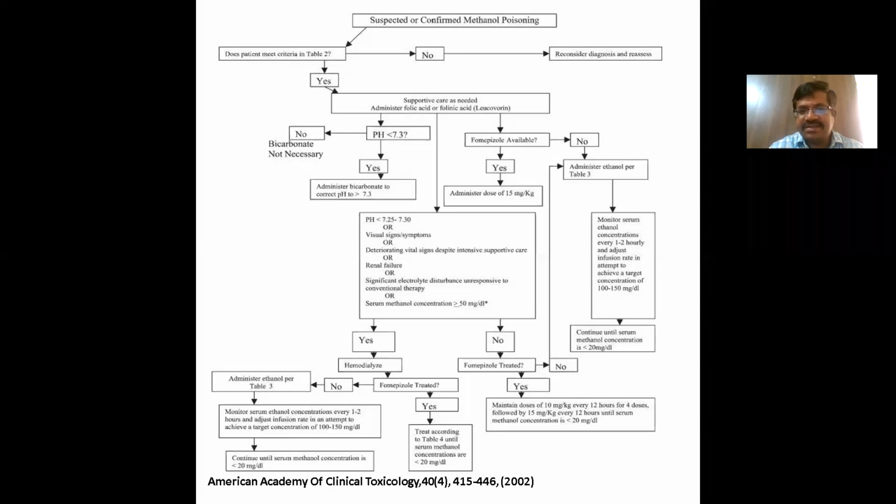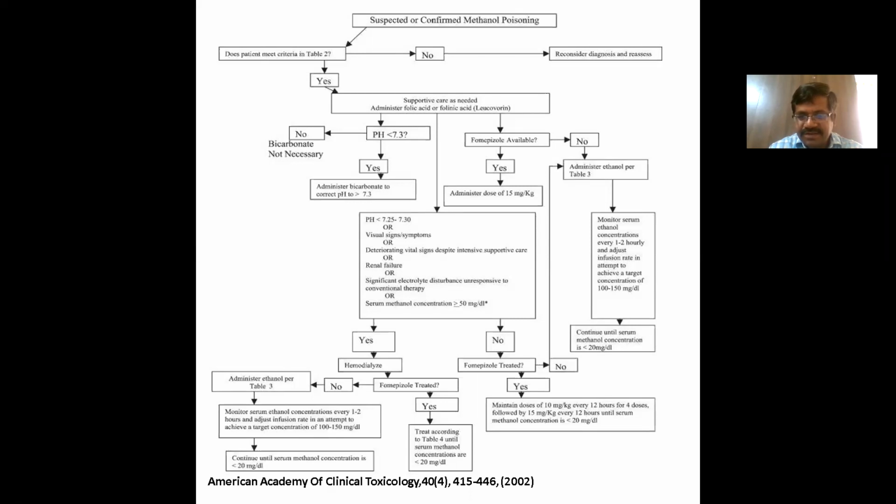But if yes, administer 15 mg per kg of fomepizole. So either ethanol or fomepizole can be given, as I told earlier. But if the pH is less than 7.2, or there are deteriorating vital signs, renal failure, or significant electrolyte disturbances, then it has to go for hemodialysis also. If not, you can give fomepizole. If it is treated, yes, then maintain the dose of 10 mg per kg every 12 hours.